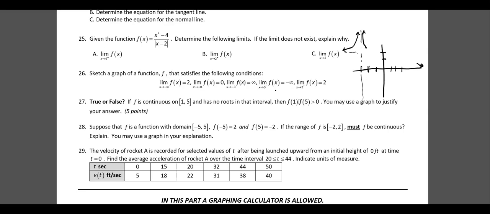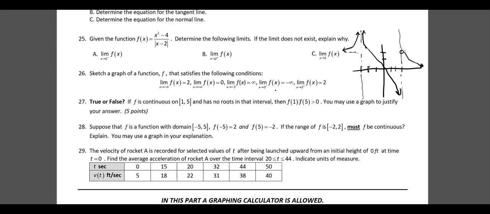So 3 from the left, asymptote, I go to negative infinity. As I go to 3 from the right, I go to a height of 2. Which is just that. So your graph should look something like that.